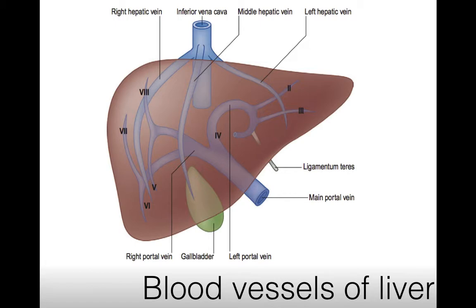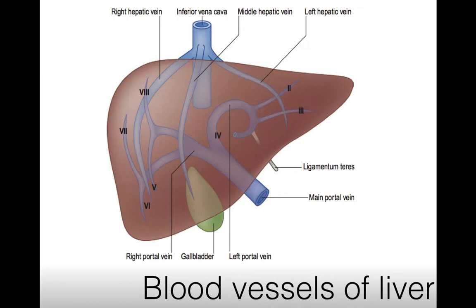We have vascular systems, the IVC and hepatic veins, and another important vascular system, the portal system, divided into a left branch and a right branch. The left branch looks just like the English capital letter I. If you are interested in scanning different liver segments, you can use the vascular distribution to identify each of them.